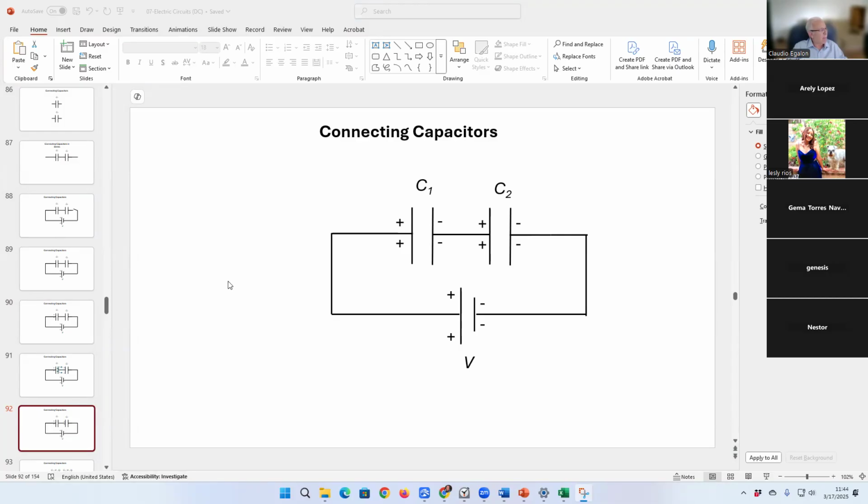Remember, capacitors are not like batteries, right? Batteries can keep their charge separate on their own. Capacitors, no, they don't work like that. They can lose their charge as time goes by. Capacitors do not have that chemical power plant to separate negative from positive charges.